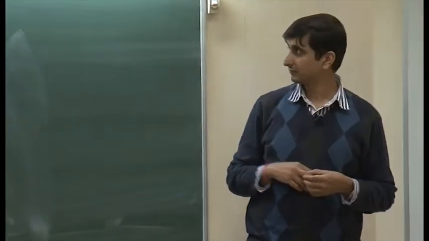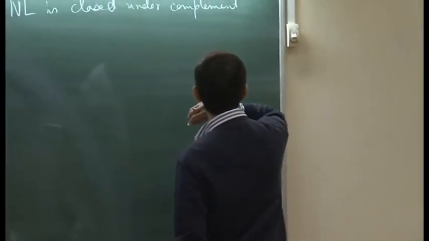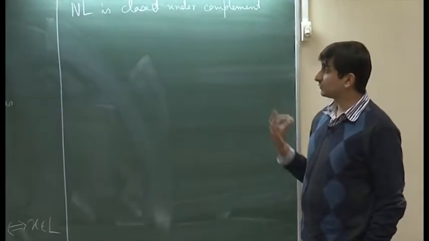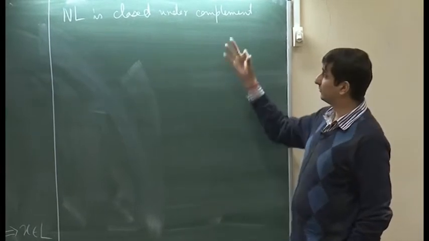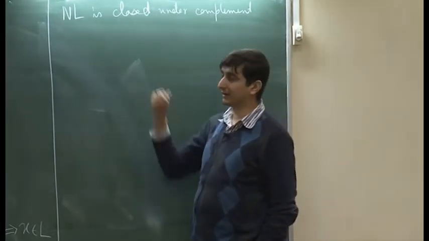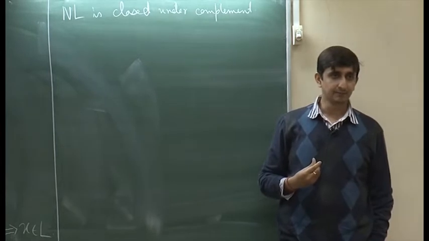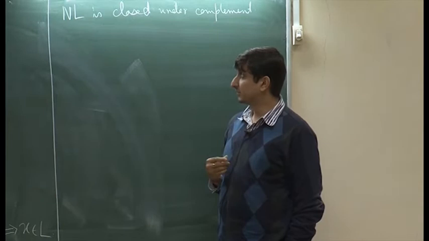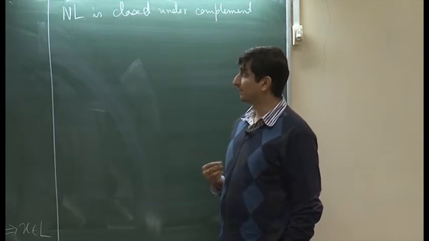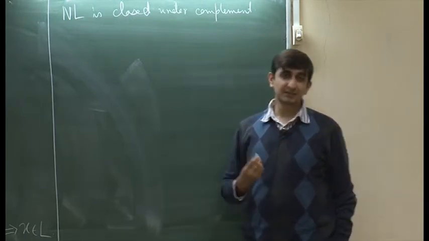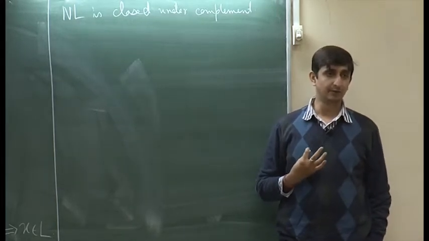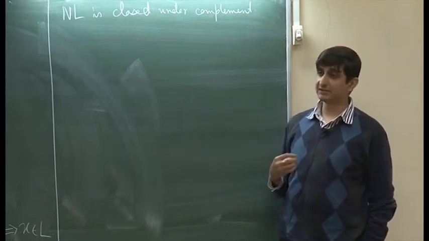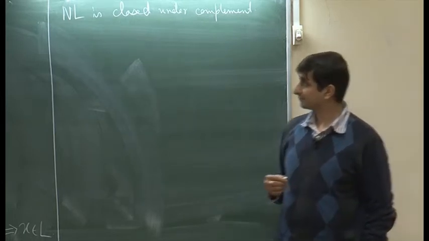Okay. So, this result was shown independently by two people in 1988, and this was something which was not believed. Although we are looking at a different model, space bounded complexity, and in particular machines which can use only a logarithmic amount of memory, still this was not believed to be true. Okay. So, this was very counterintuitive, how can non-deterministic classes be closed under complement.